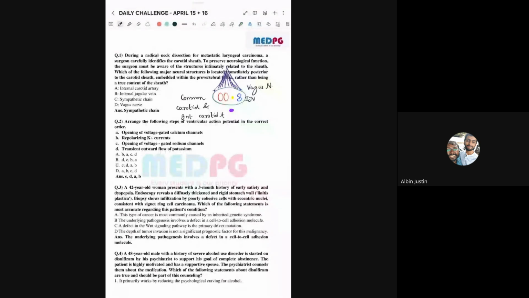Okay, this is the ansa cervicalis, and this is the sympathetic chain. They are asking about this structure. What is this structure? This structure is nothing but the sympathetic chain.